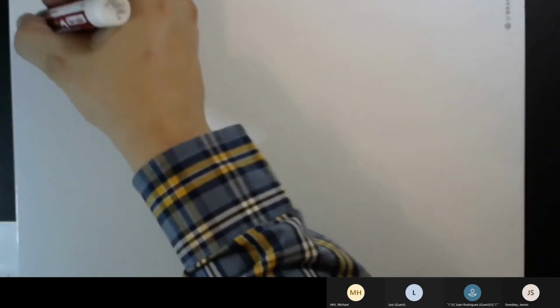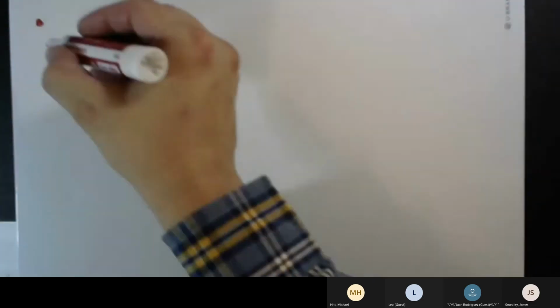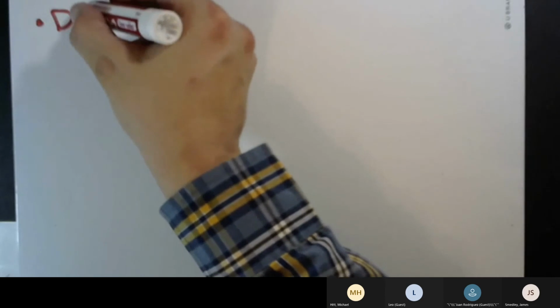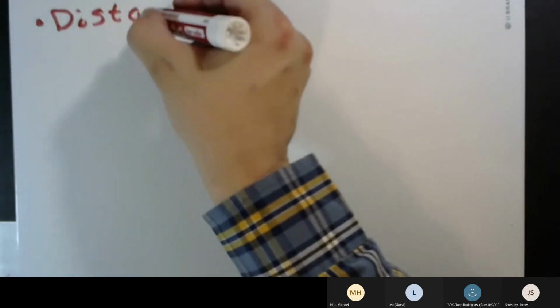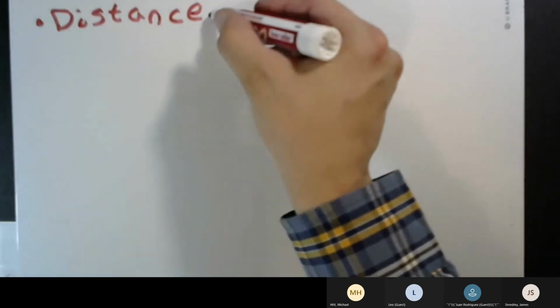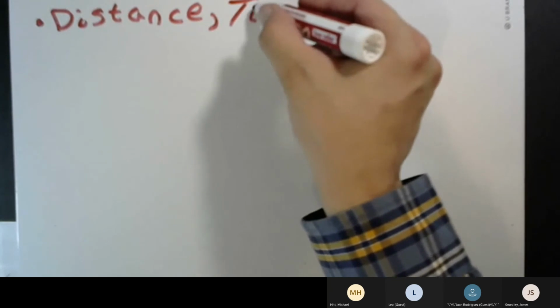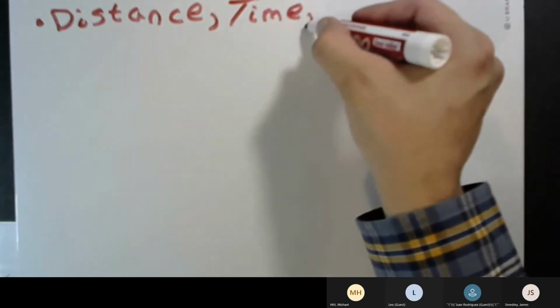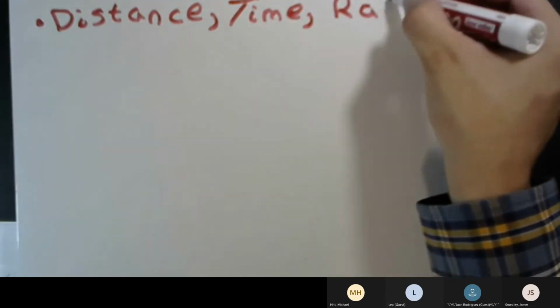That's converting between Celsius and Fahrenheit. But first, let's take a look at some special formulas, which are distance, time, and rate.